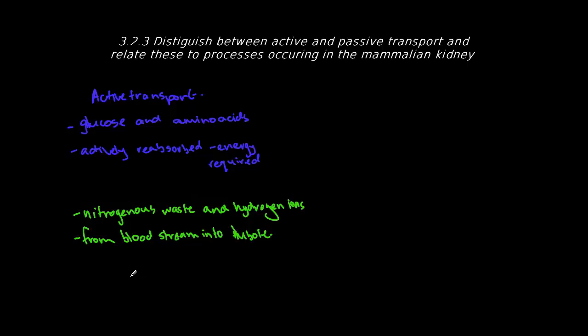So remember that these processes can't continue to occur by passive transport. Once equilibrium is met, there is no more net movement. So we require active transport to move the molecules that are needed into the bloodstream and remove the things that need to be gotten rid of out of the bloodstream into the tubule.